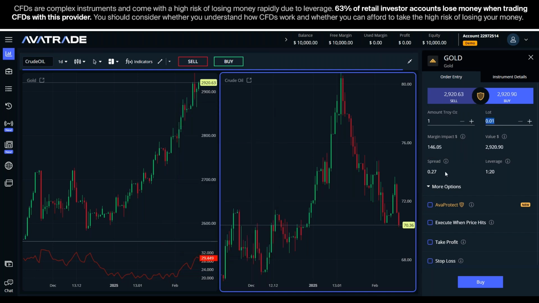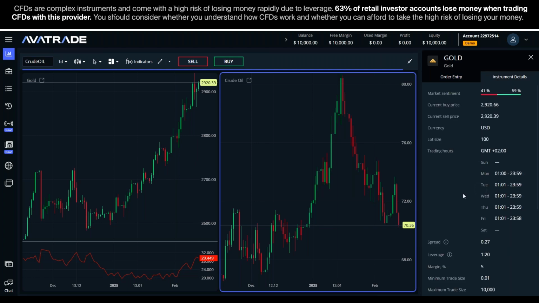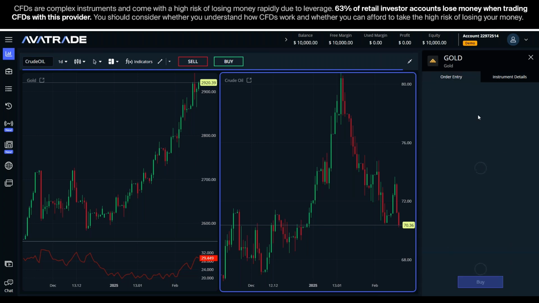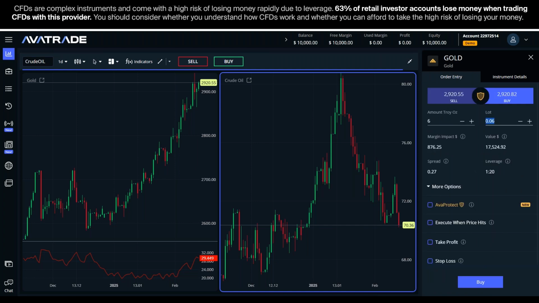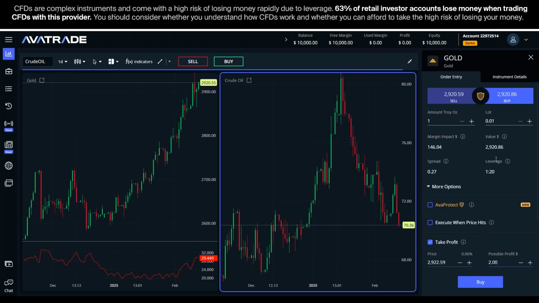Keep in mind that the lot size for gold is 100. Okay, again, I can go into the instrument details, and in the instrument details, we can see that the lot size is indeed 100. Okay, so each dollar that gold will move with 1 unit. Besides, there is one difference. The difference is that with gold, it's okay because the lot size is 100.